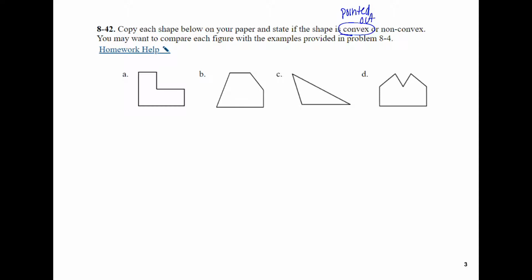When we look at letter A, we have this vertex where 2 sides connect towards the inside of our shape, so A would be non-convex. All of our vertices are pointing out on B, so we'd say convex. Same with C, convex. And then we notice this vertex is on the inside, so we would say D is non-convex.